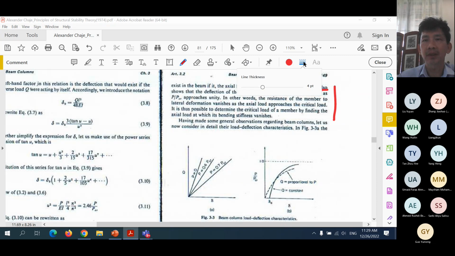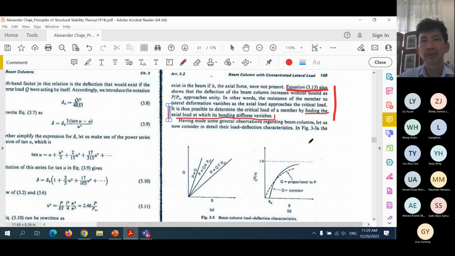So this gives us another criteria that we can make use of. Okay. So it says here, it is thus possible to determine the critical load of a member by finding the axial load where its bending stiffness becomes 0. So this is one of the criteria that we are going to make use of later in Rayleigh's method.